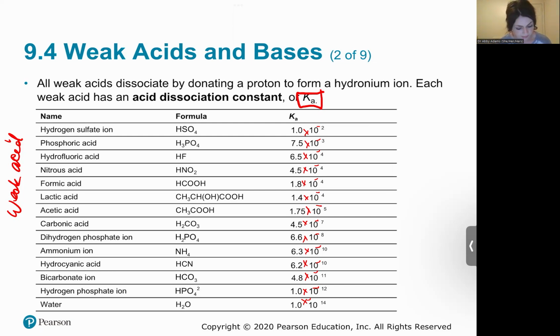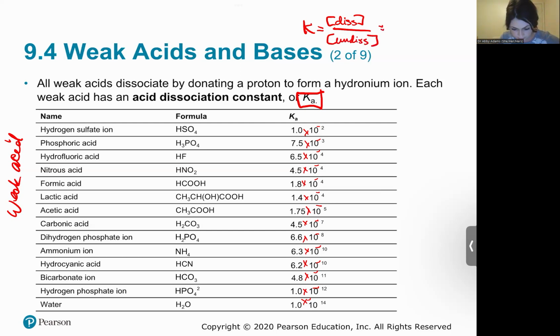So A for acid. And so whenever you are looking at this, just understand that you're going to have the K with whatever dissociates over what's undissociated.